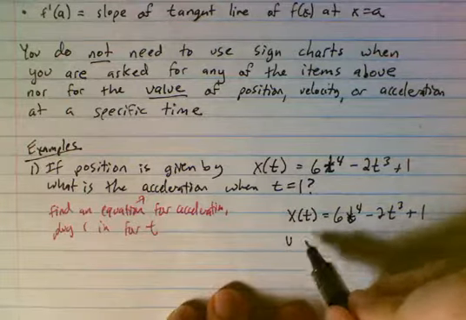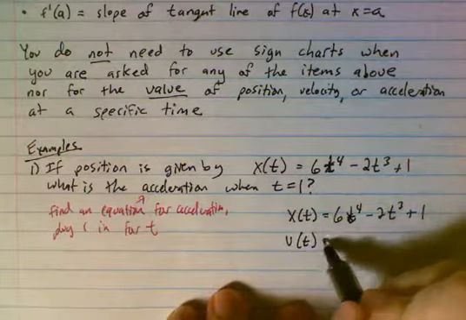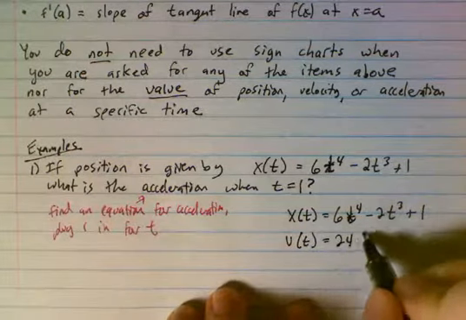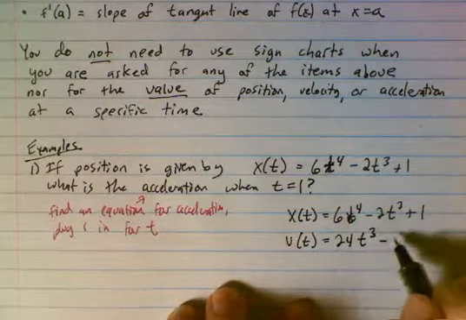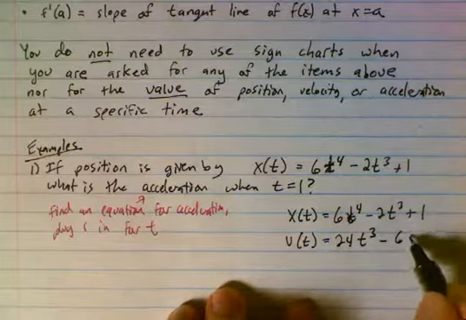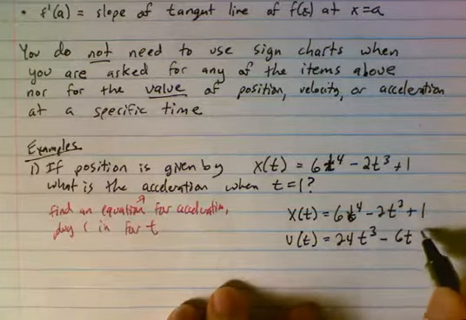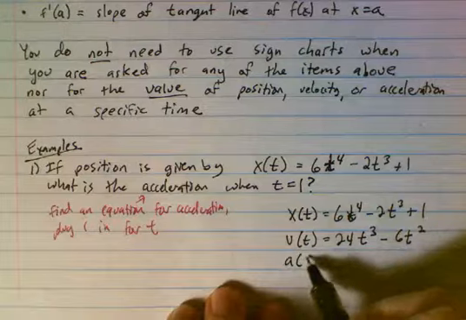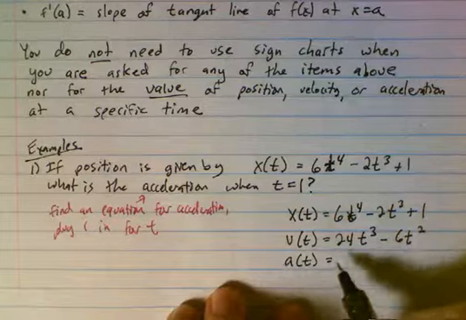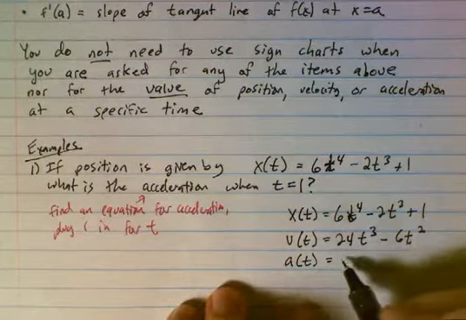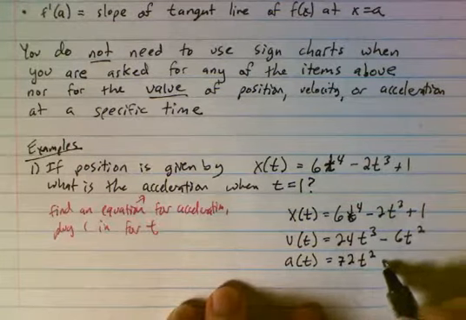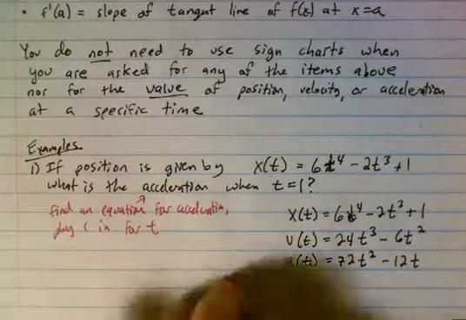The derivative of that is velocity, so that would be 24t cubed minus 6t squared, and then the derivative again gives us acceleration, 72t squared minus 12t.